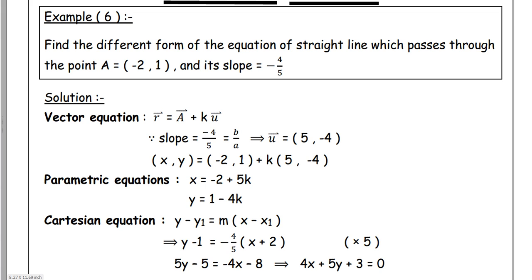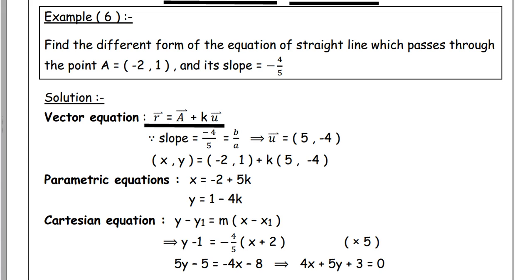Again, the vector equation r equals a plus ku. The slope is negative 4 over 5, so b over a is negative 4 over 5. How can we get u? U is 5 and negative 4. So if I have the slope, I can get the direction vector, and vice versa.